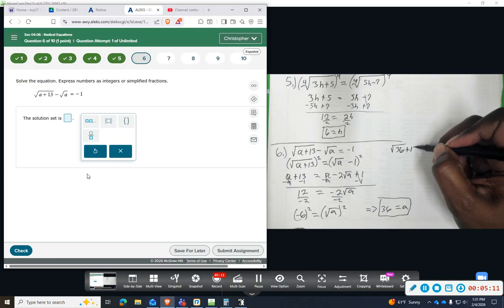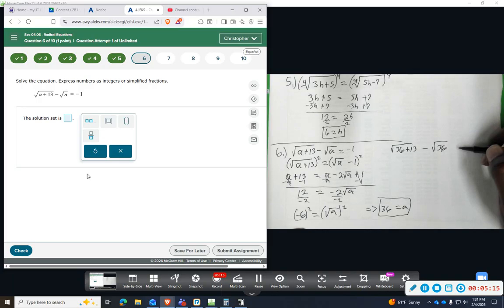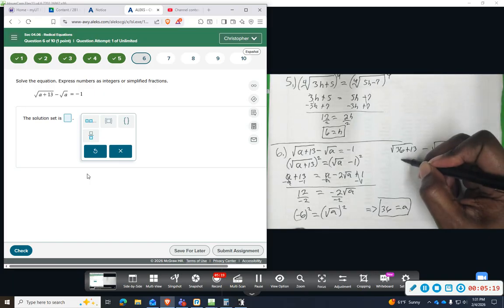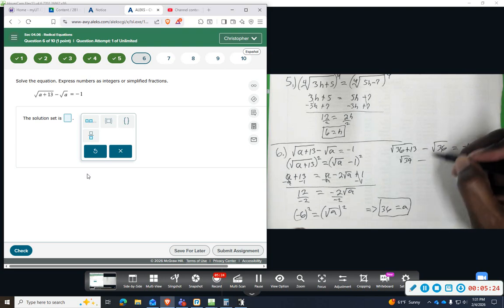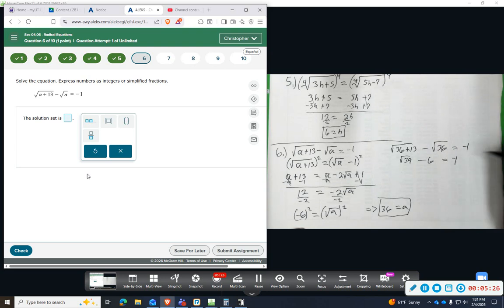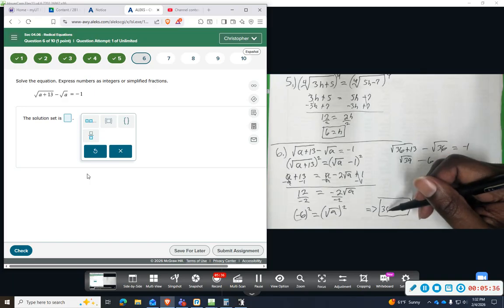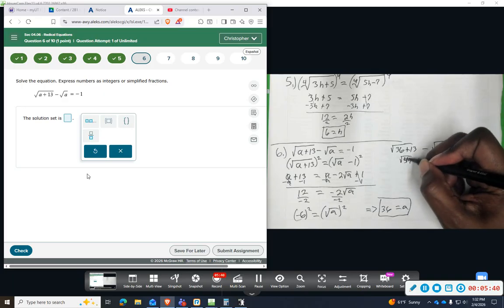36 plus 13 minus the square root of 36 equals negative 1. That is the square root of 39 minus 6 equals negative 1. Square root of 39 doesn't look like it's going to give me anything whole. No, I'm doing 39, it should be 49, I can't do math. 49.